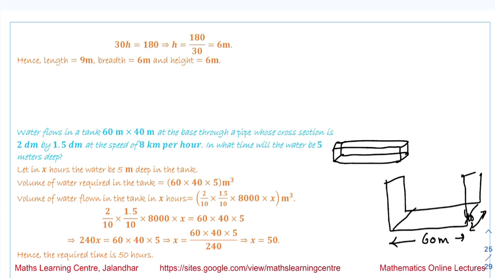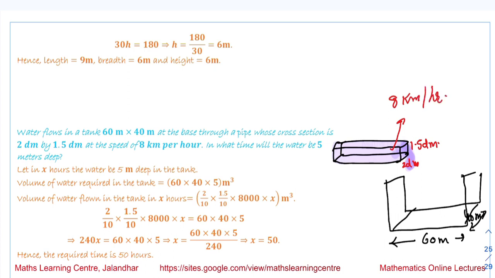On this side it is 40 meter and the pipe that is given to us, its dimensions are 2 decimeter and 1.5 decimeter and water is flowing into this tank at the speed of 8 kilometer per hour.